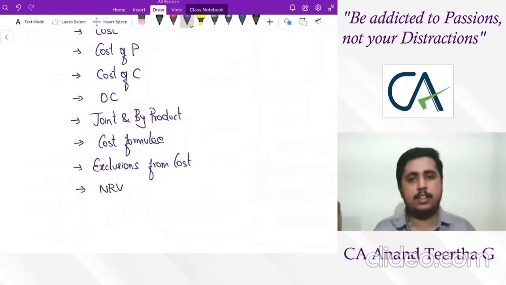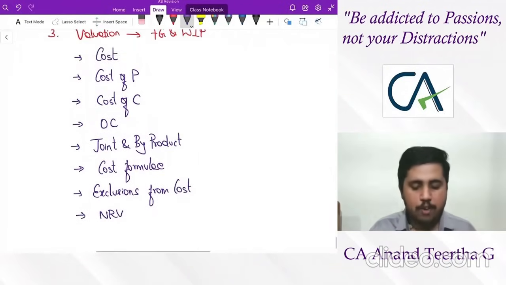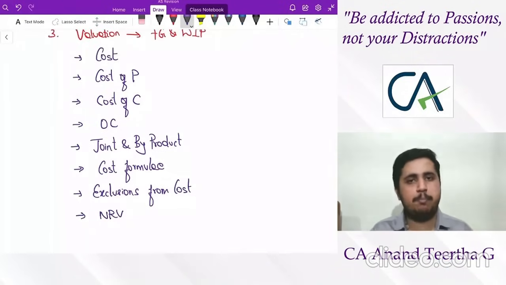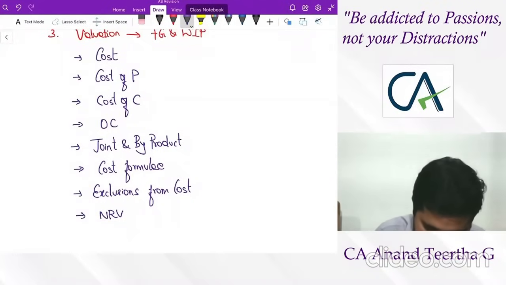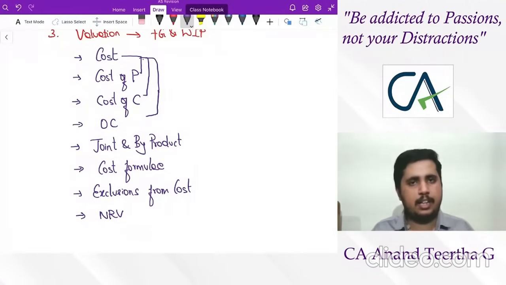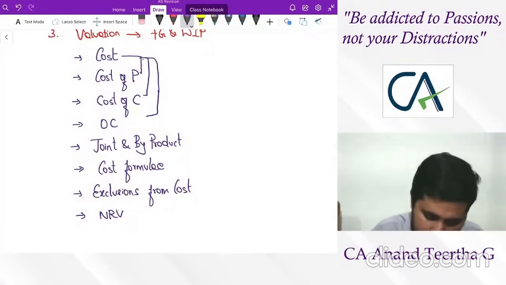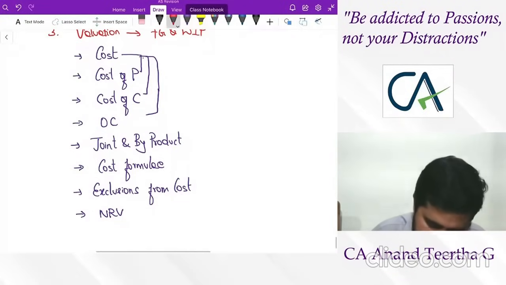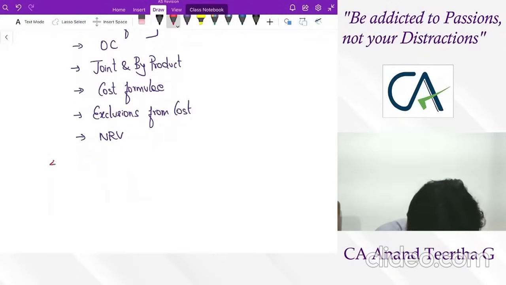So these are there for your valuation of finished goods and work in progress. One by one, if you look into it, these are interconnected. So if you know one, automatically you will know the other points. After that, it will be continued with the other points that you have to take up. Last but not the least, what is the valuation principle whenever raw material is involved?